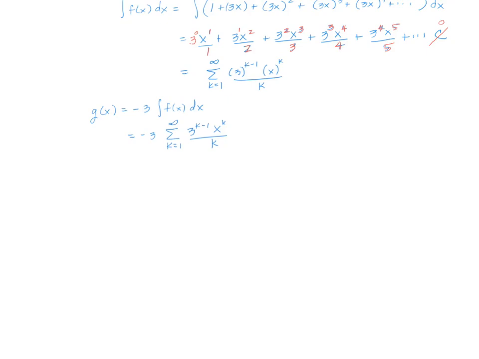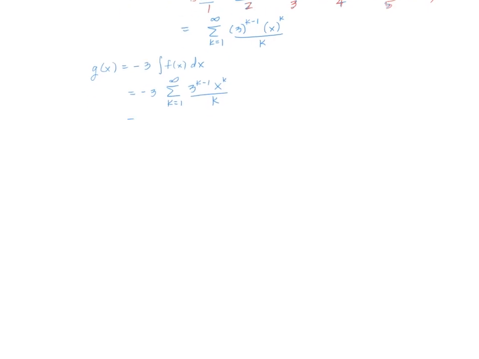However, I do note that I'm multiplying this series by a negative 3, and I see that I have powers of 3 in my power series. So if I were to bring, and I'm going to ignore the negative and leave it on the outside, if I were to bring the 3 in, this then becomes 3 to the k.